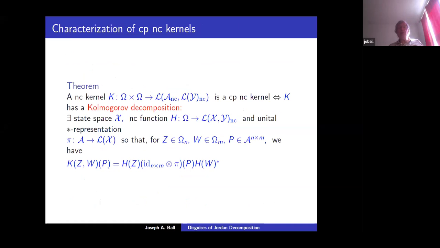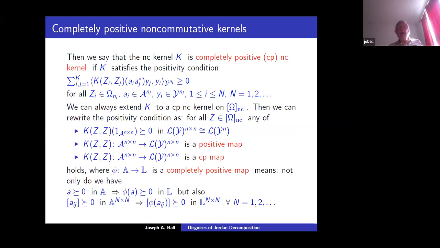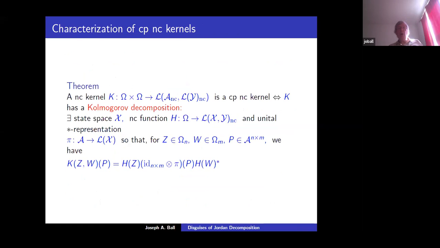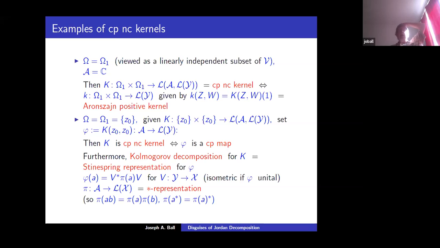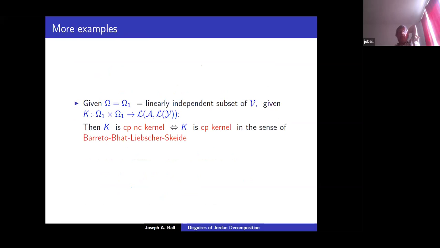Suppose our point set is only finite, and we have a K, which goes omega cross omega to operators from A and C to L when non-commutative. And it's only a non-commutative kernel. And let's say it's a Hermitian non-commutative kernel. And we want to decide, do we have a Jordan decomposition?